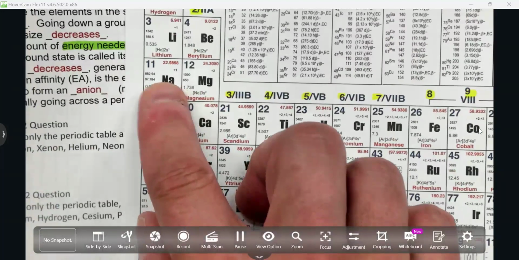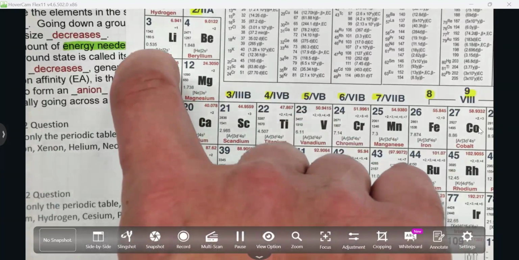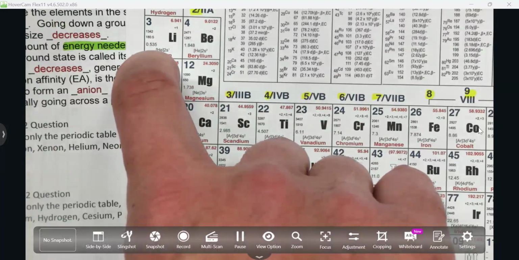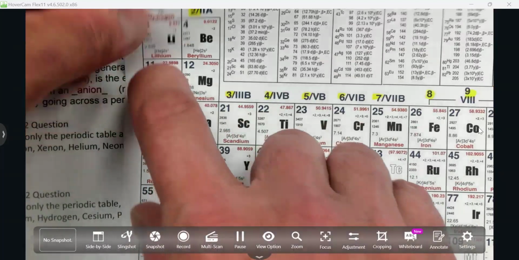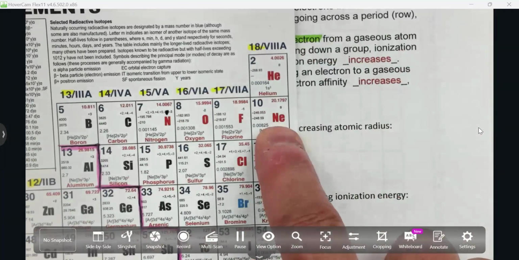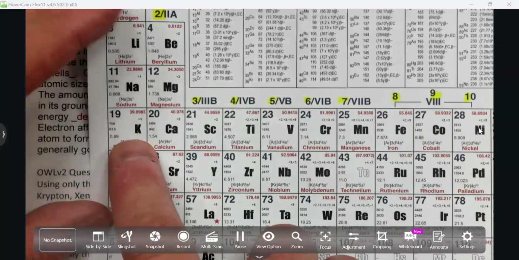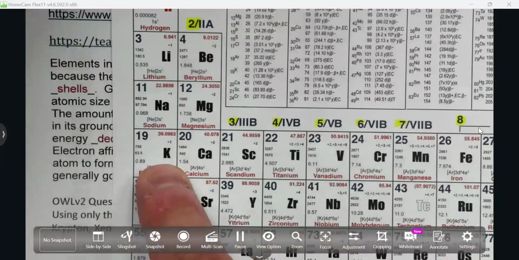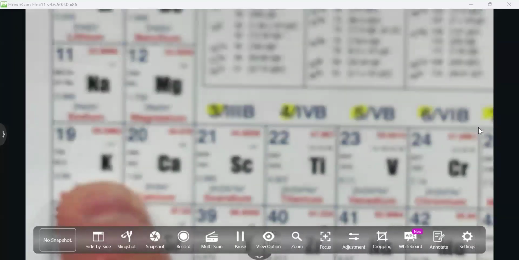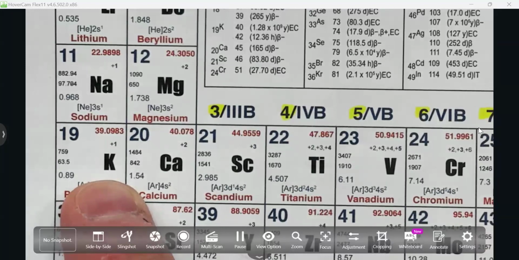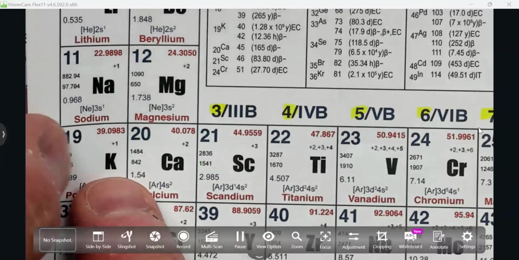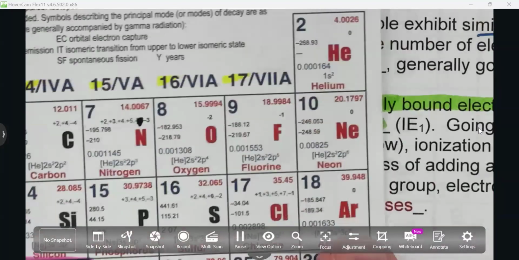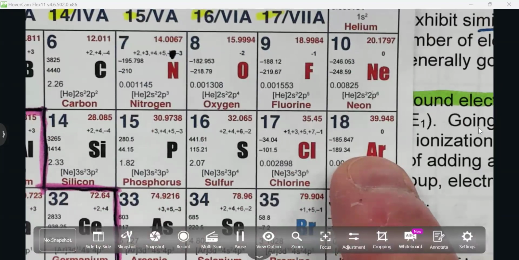Sodium, if it gets rid of 1 electron, how many valence electrons will it have? It'll go from 11 down to 10, just like neon. Potassium. How many valence electrons does potassium have? One, but it didn't want the thing. Because if it gets rid of the one electron, instead of this 4s1, it's going to be 3s2, 3p6, the same as argon.